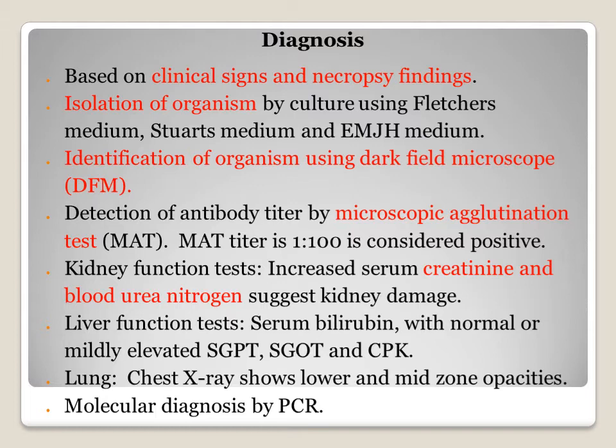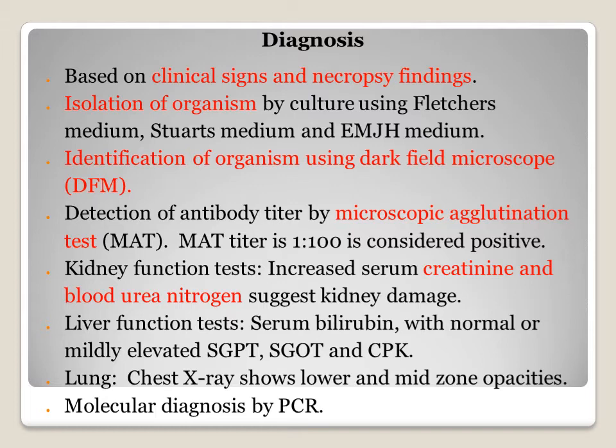Leptospira are spiral, and when the light is coming from the side with a dark background, they glisten, and because of their motile nature, our eye can catch them very nicely. So identification is very easy.